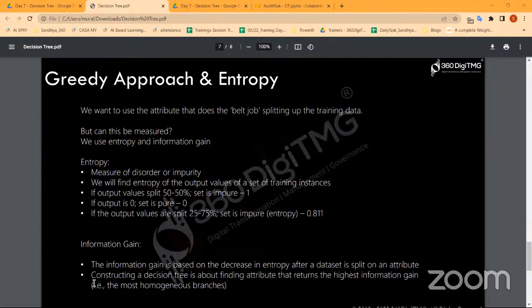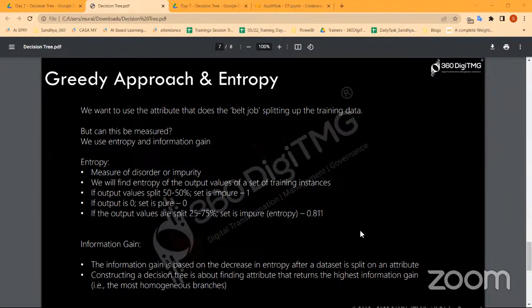And then we have the information gain, friends. The information gain is based on the decrease in entropy after a data set is split on an attribute, nothing but a root attribute. So constructing a decision tree is about finding the attribute that returns the highest information gain, which is nothing but the most homogeneous branches.